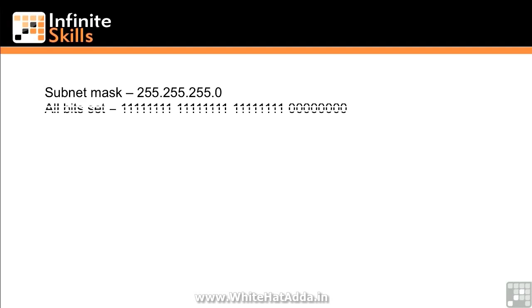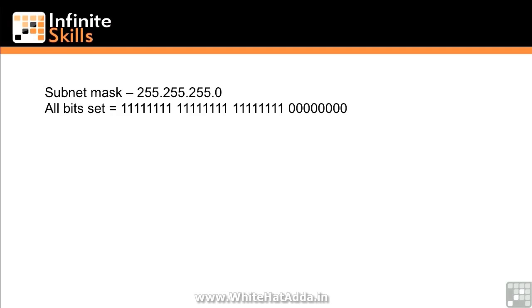Now, another important component that goes along with the IP address is the subnet mask. A pretty common subnet mask that you'll see is the one represented here, 255.255.255.0. Now, why do we need a subnet mask? Well, we need a subnet mask because it tells us which portion of the IP address is the network portion and which part is the host portion.